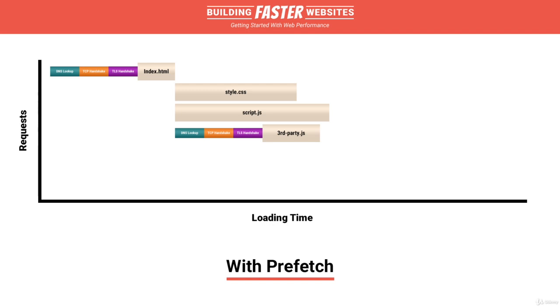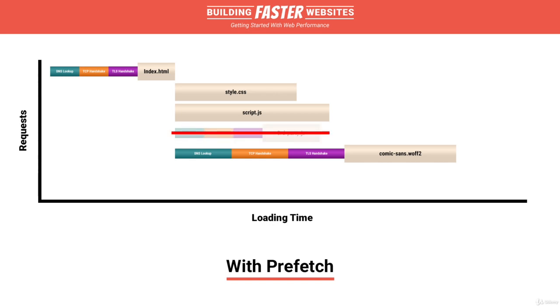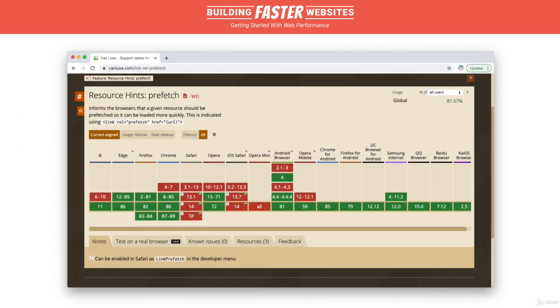If the browser determines it has more important resources to load, like a large fonts file on a slow network for example, it may abandon the prefetch to focus on what it deems important. Also, it's worth noting that as of the time of recording, Safari doesn't yet support prefetch resource hints, so any benefits on that browser will be lost.